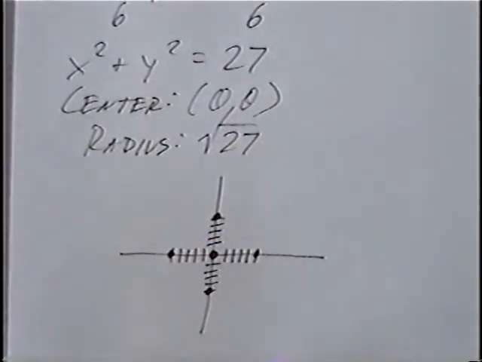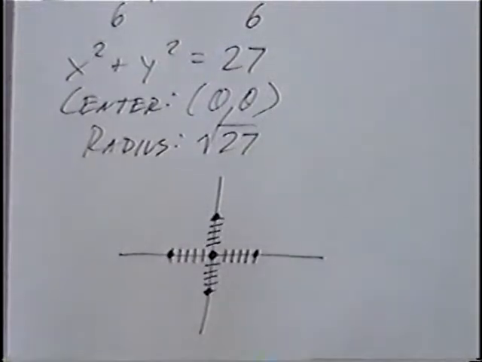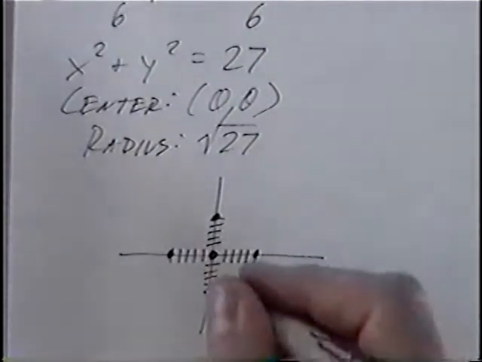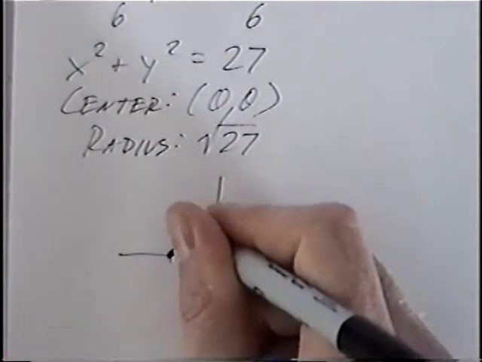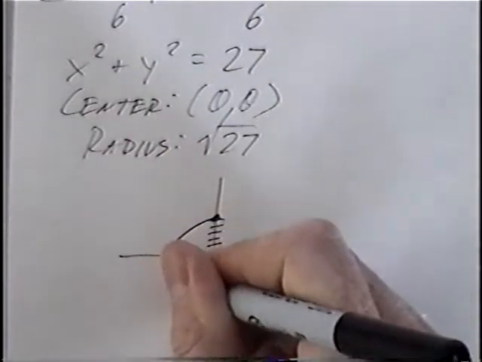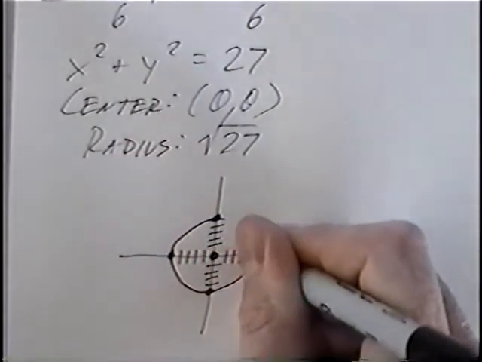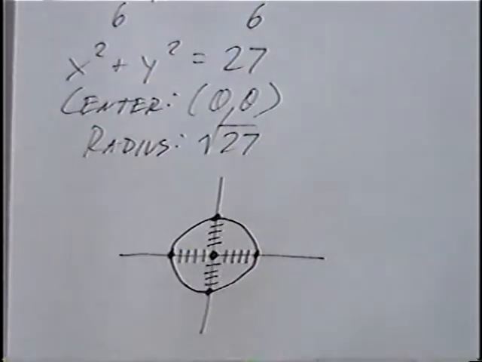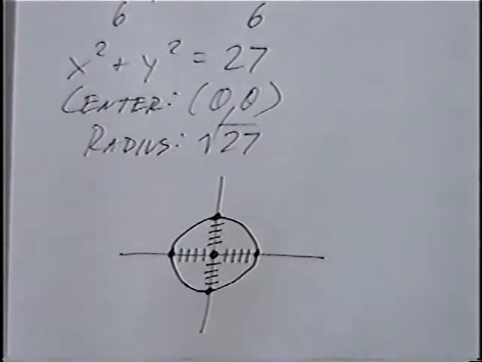So from the center we'll go a little bit more than 5 spots in each direction, just past 5, and connect those to make the circle. And that would be the graph for the question.